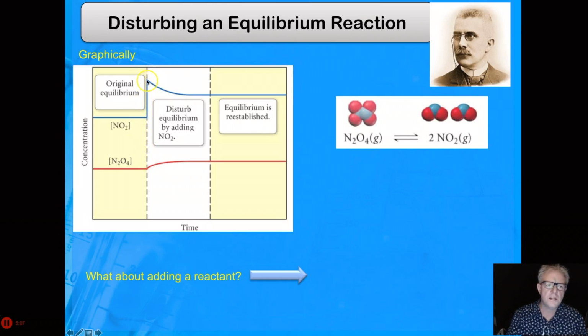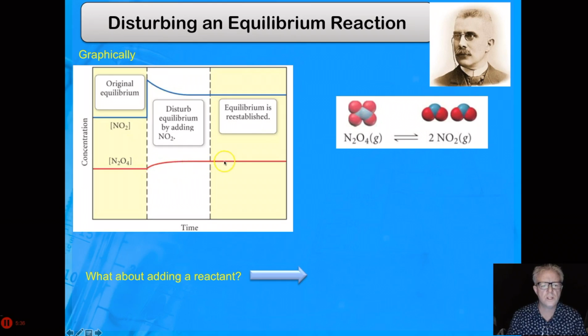Now, let's describe the change here. Well, you add it, it goes up very sharply. And according to what we said before, if we add more product, it's going to move towards the left. So that means that this concentration is going to go down a little bit, and the concentration of the dinitrogen tetroxide is going to go up. We can see that here, it's going down, and at the same time the dinitrogen tetroxide goes up.